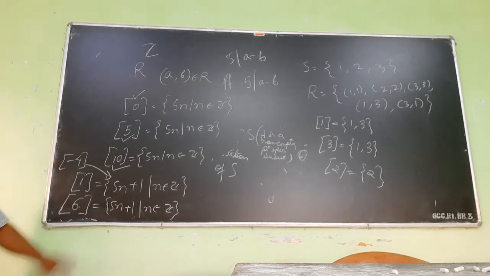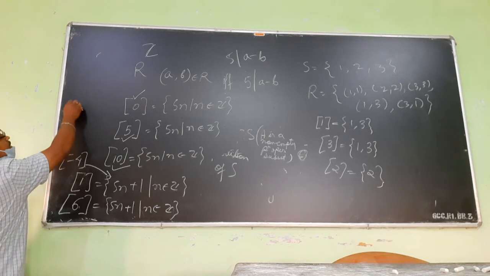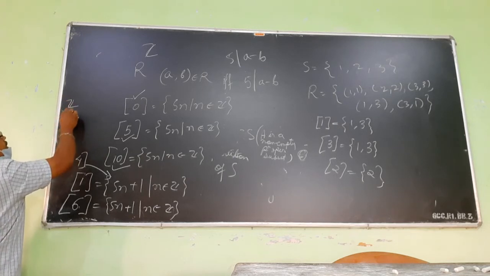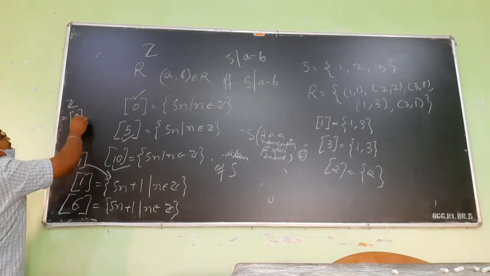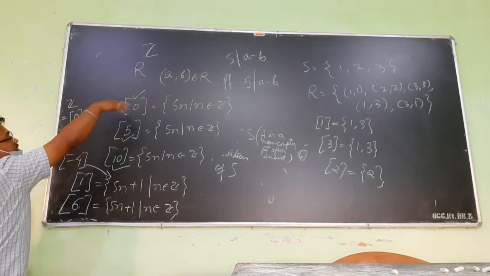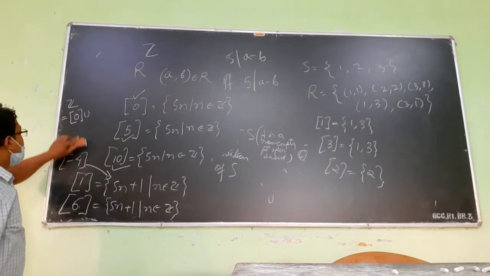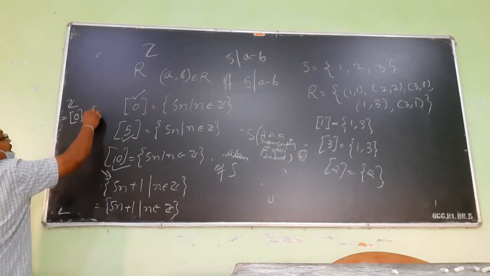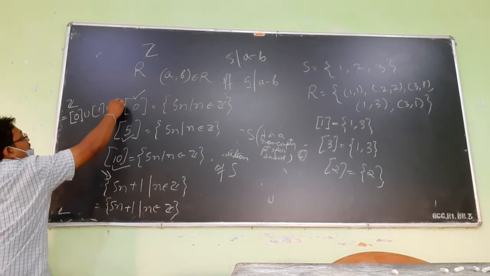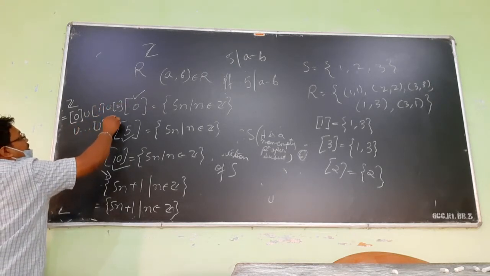Right. So when I want to represent the partition of Z, Z can be written as the union of all these equivalence classes: 0, 1, 2, like that, you can continue up to 100.